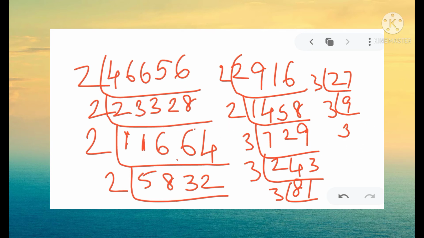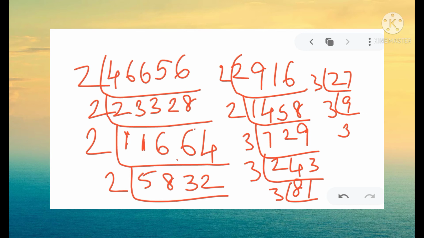So from this we can see one set of 3 2's, second set of 3 2's, third set of 3 3's and fourth set of 3 3's. That means this factorization contains 4 groups. In each group 3 2's, again 3 2's, 3 3's and 3 3's.